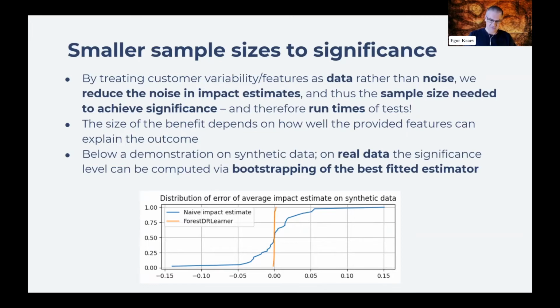Of course, in real data, you don't know what the true estimate is. You can approximate it by bootstrapping. The bootstrapping estimates of standard error are known to be on the low side, but still, this can help you get there. So that's another benefit, shorter runtimes of tests.